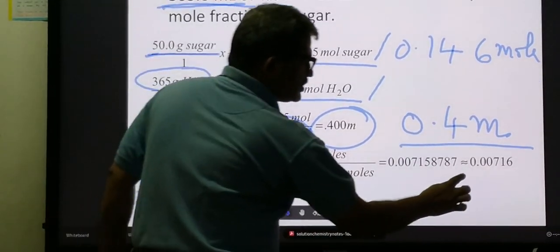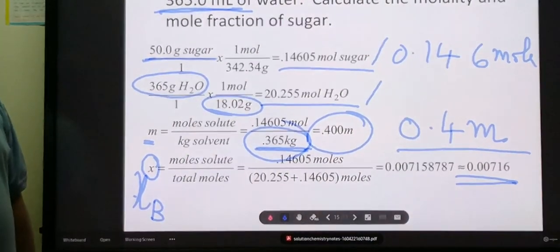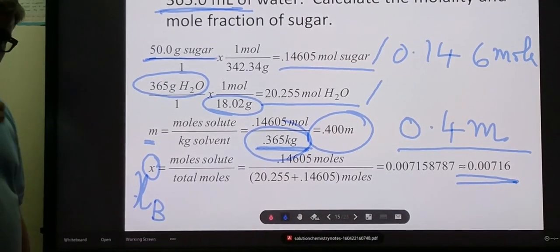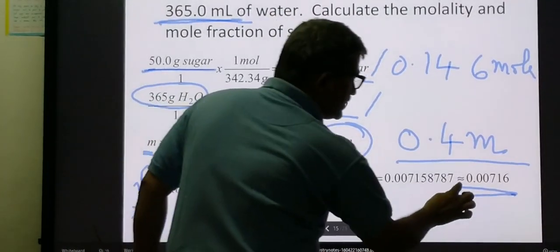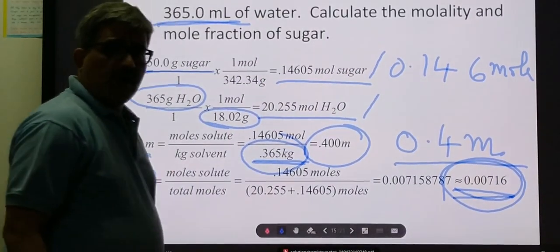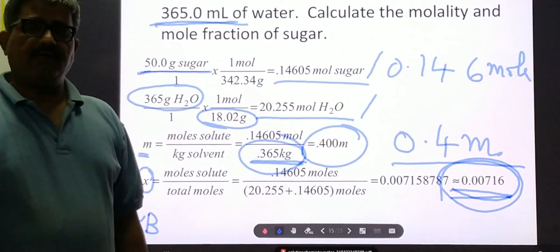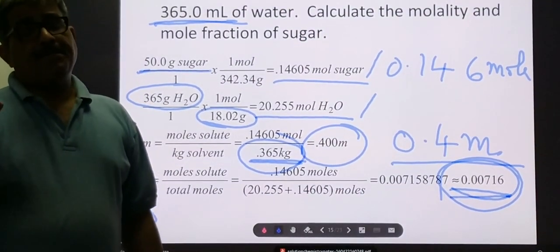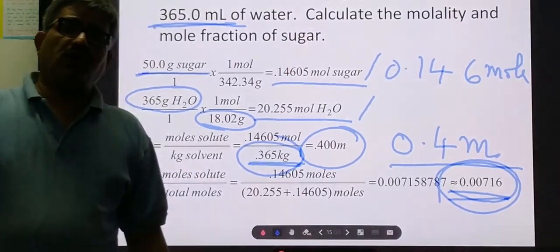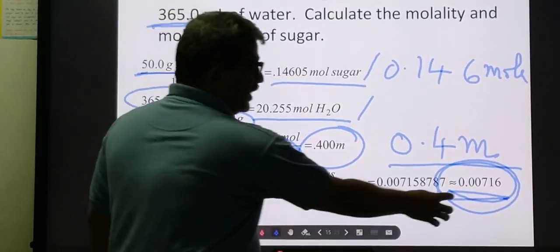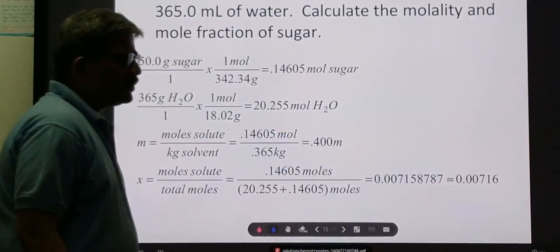When you solve this, you will get 0.00716. Got it? Now, from this itself, I can also get the mole fraction of solvent, that is water, present in the overall solution. How to obtain that? That also we will see.